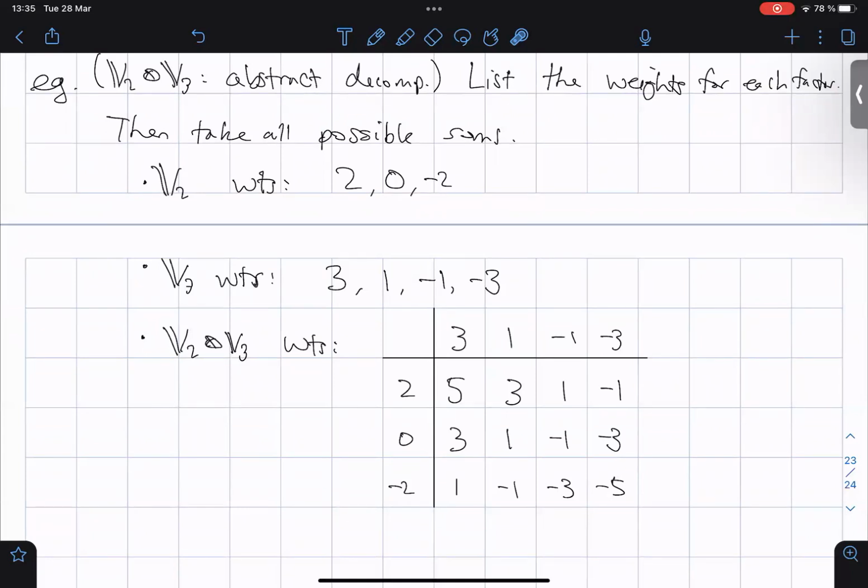Where you always start is with the highest one. We've been calling it the theorem of highest weight. You could also work with lowest weights if you wanted, but we'll work with highest weight. So what's the highest weight here? It's 5. That 5 tells us that there exists in this decomposition of V2 tensor V3 a V5.